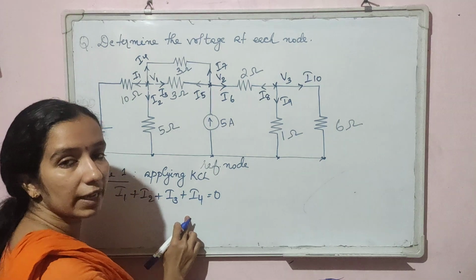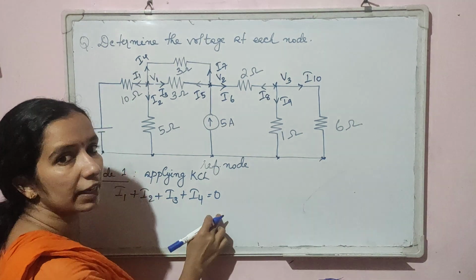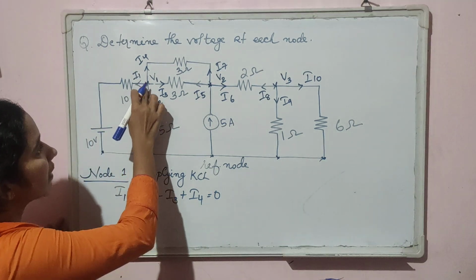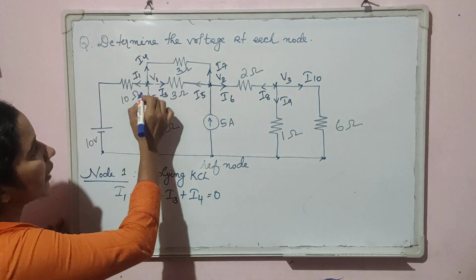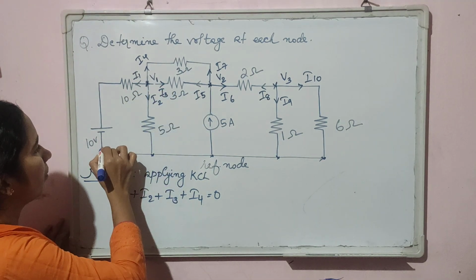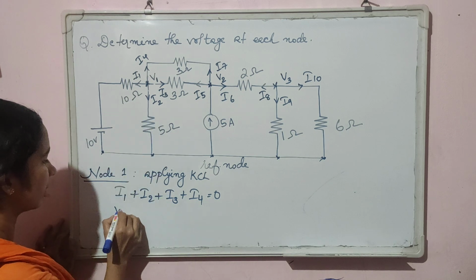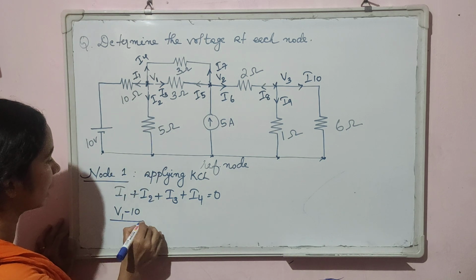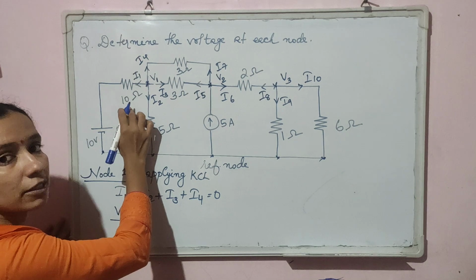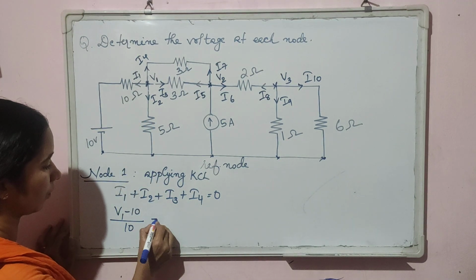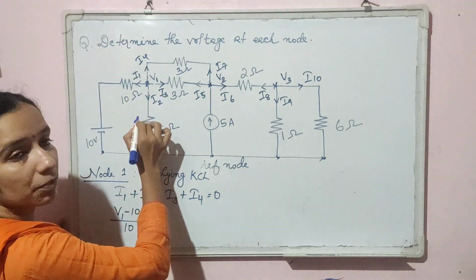Now let us write expressions for I1, I2, I3 and I4. I1 is the current through this branch, and that will be equal to V1 minus 10 divided by 10, where 10 is the resistance of the branch. V1 is the potential at this point.